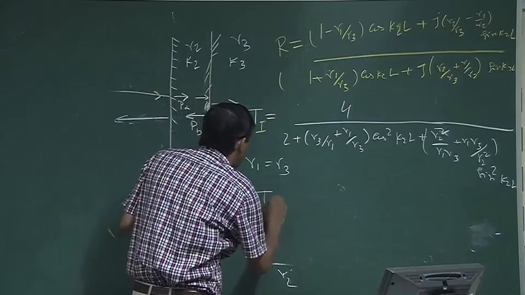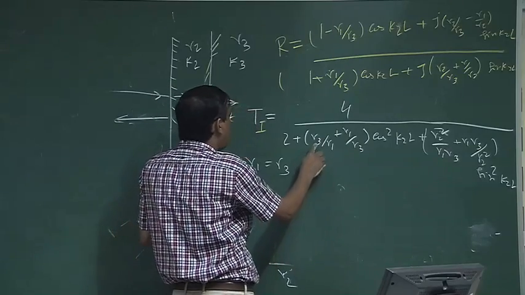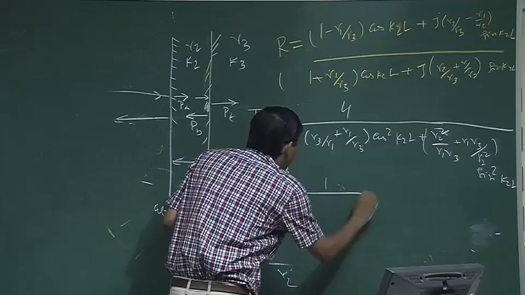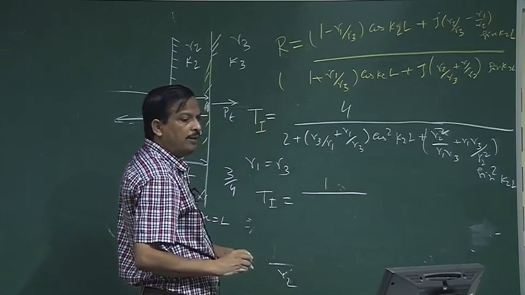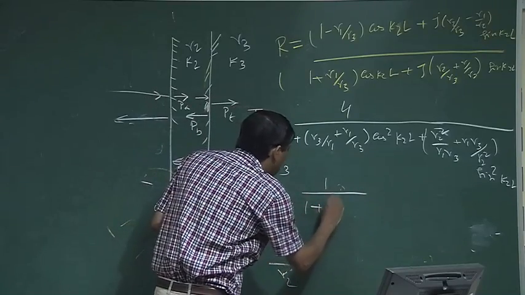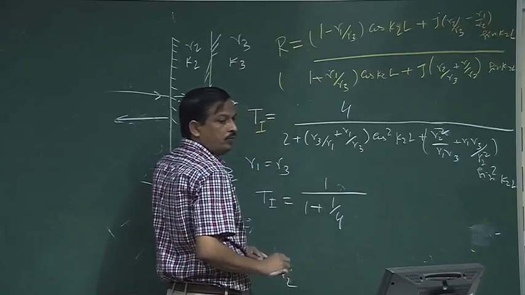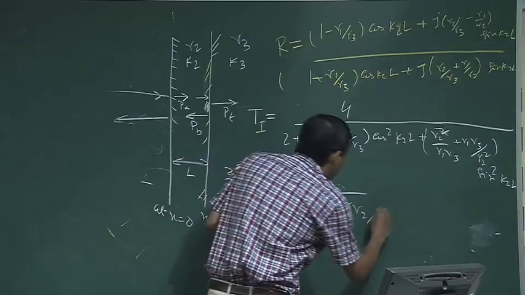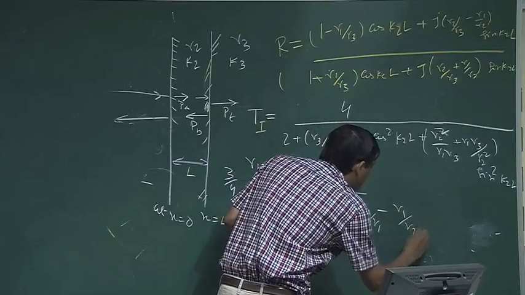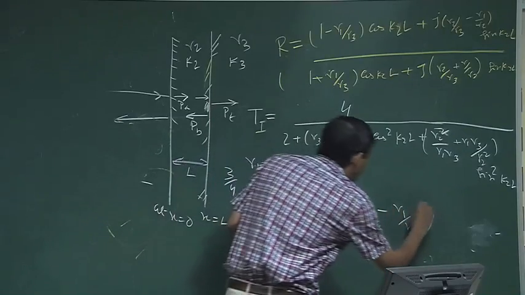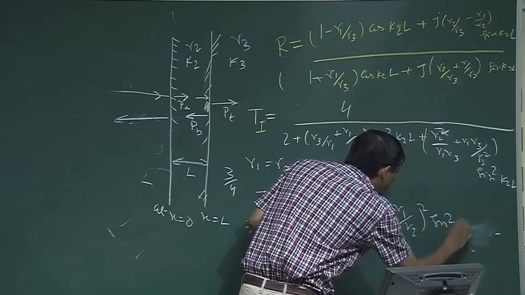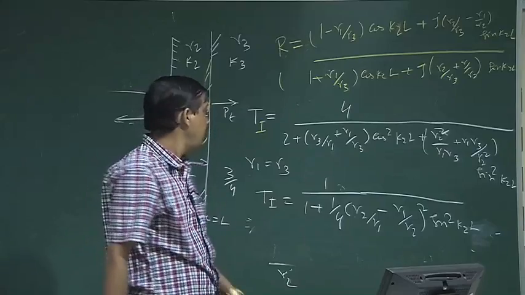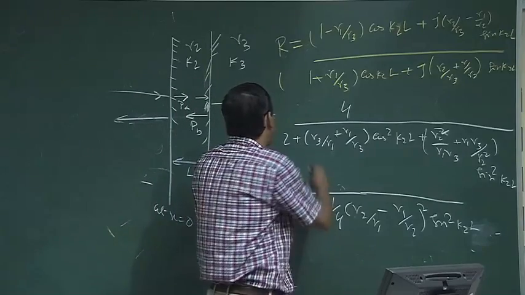Then what will Ti be? Placing R1 equals R3, Ti will be 1 divided by 1 plus 1/4 (R2/R1 minus R1/R2) whole square, sin²(K2L).